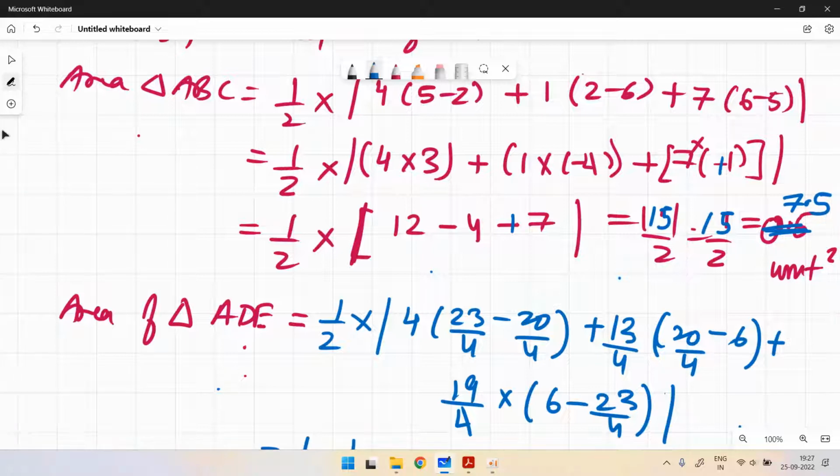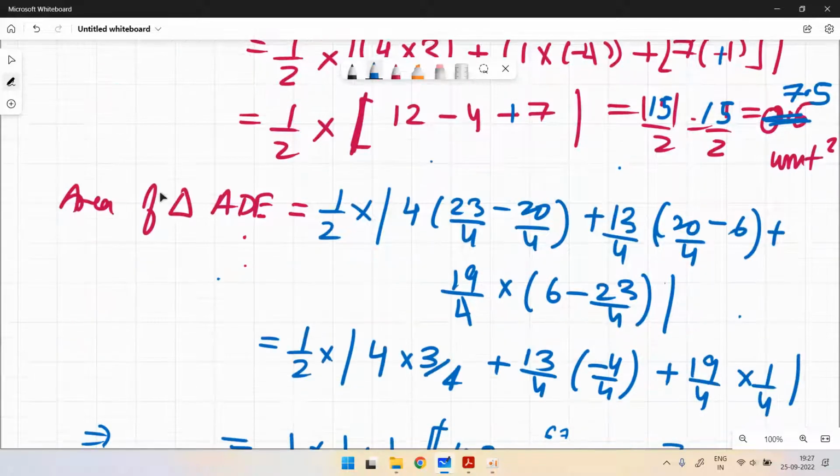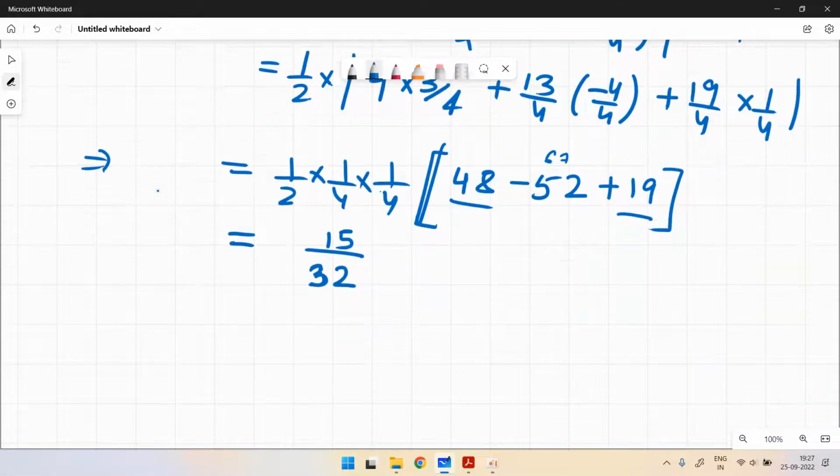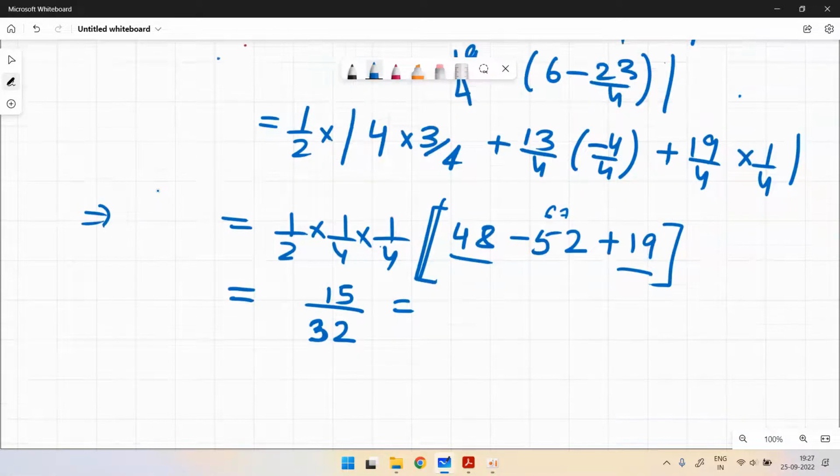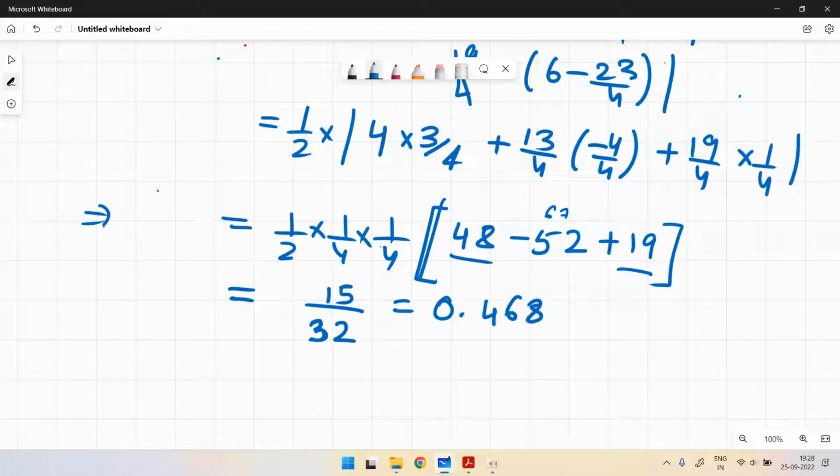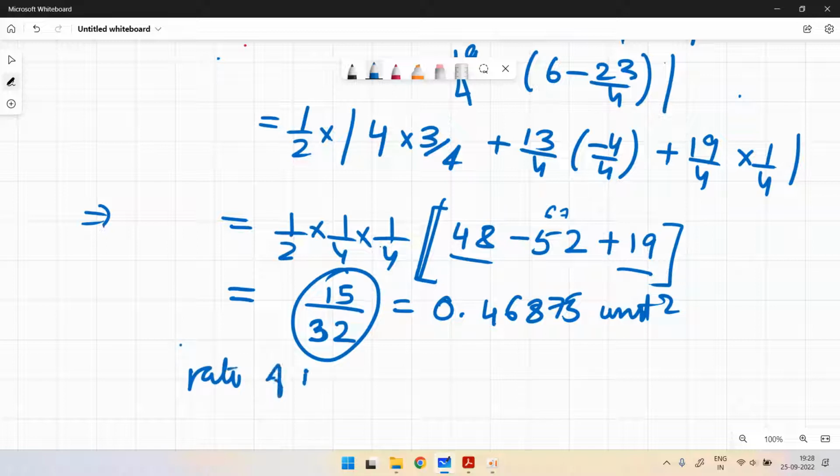Now if you go below, this is 15 by 32, and if you divide it, the value of 15 by 32 is 0.4685 unit square.